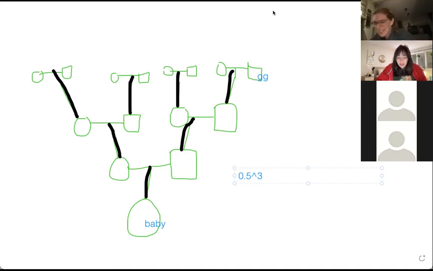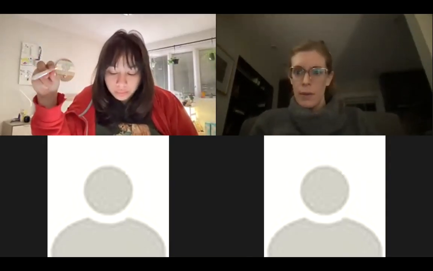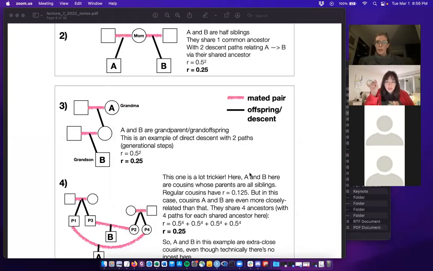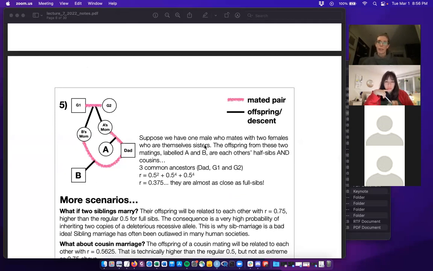And my last question regarding those was question 5 from the lecture slides, where the dad mates with 2 sisters. Okay. Yeah, so this is one of these ones that's annoyingly complicated.